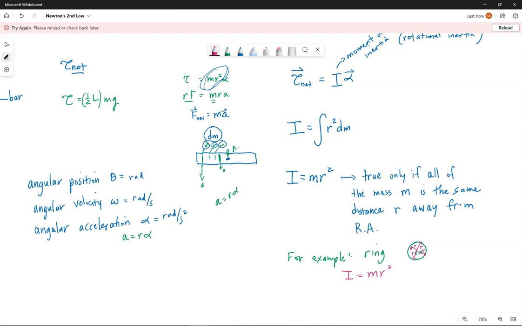We will use this approximation as well for what we call a point mass, meaning a very small object compared to how far away it is from the rotation axis. Distance from rotation axis.